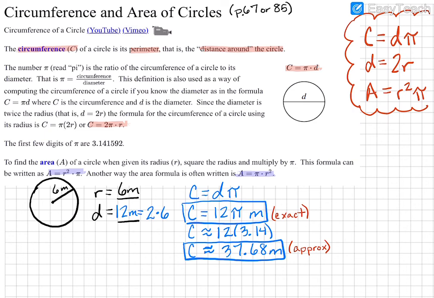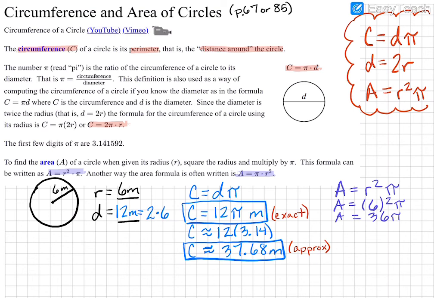Now, to find our area, remember we will use r squared pi. So plugging in to our formula, r squared, r is 6 squared times pi, giving us an exact area of 6 times 6 is 36 pi.